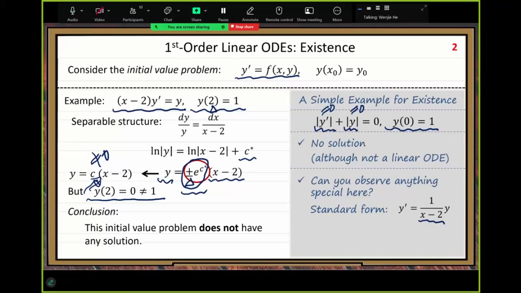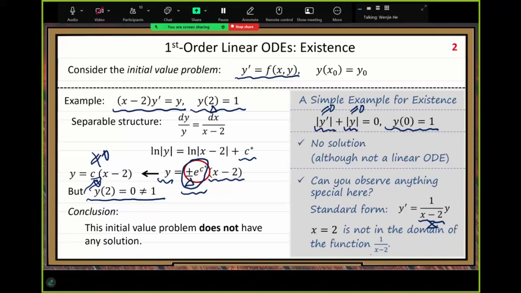Okay? So we found the problem. The f function caused the problem. Because it's not in the domain of the f function.